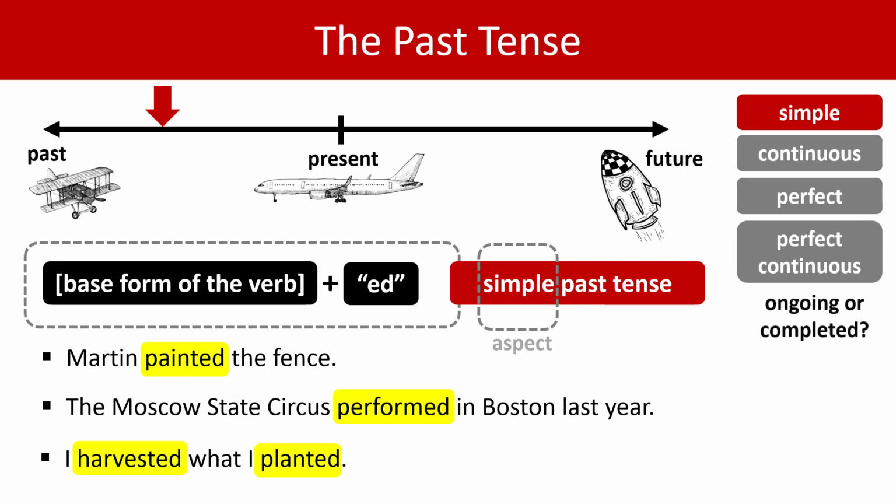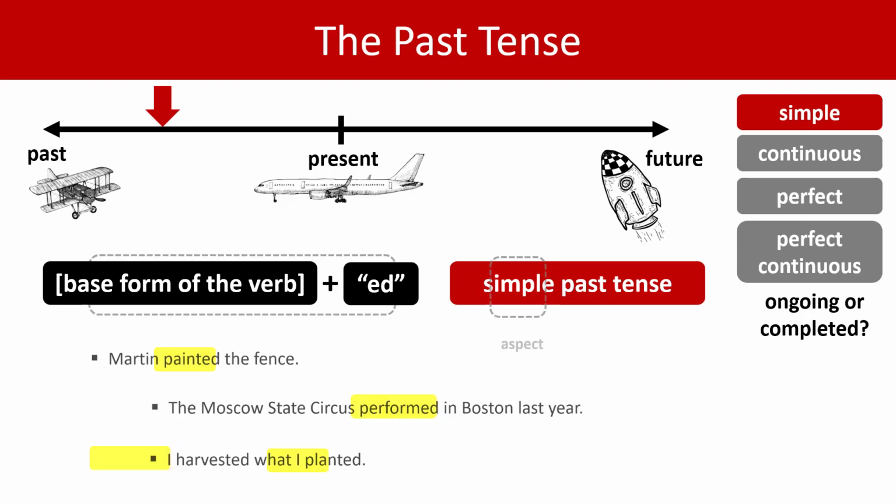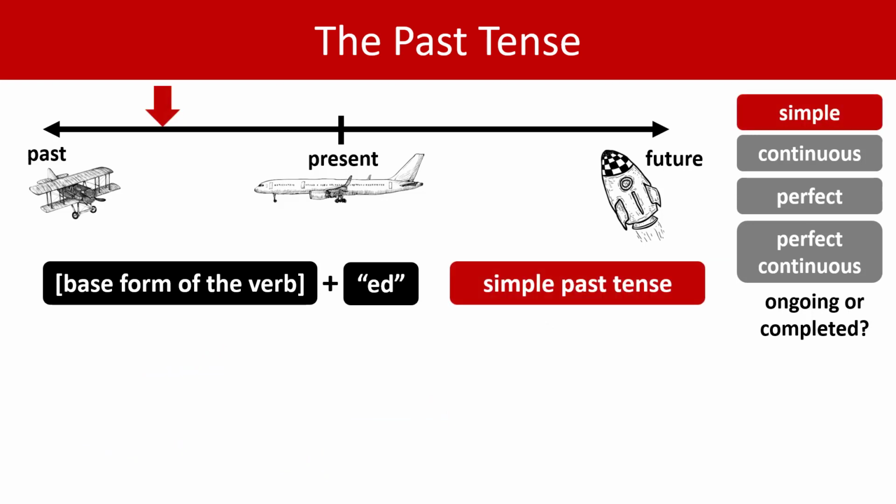Aspect tells us whether the activity is ongoing or completed. This will make more sense as we do more of the aspects. The simple past tense is used for a completed activity that started in the past and ended in the past.